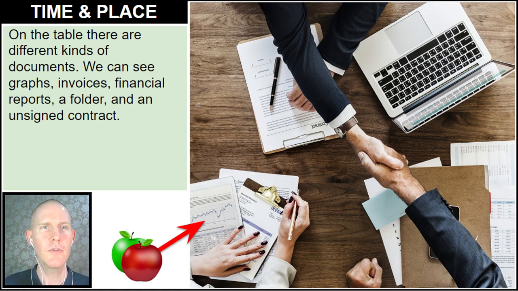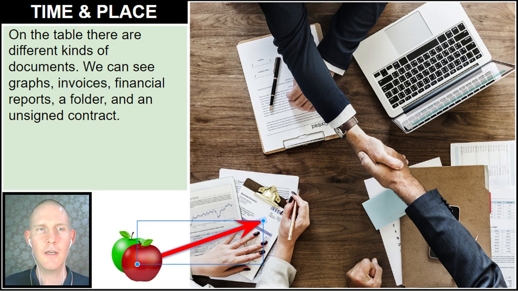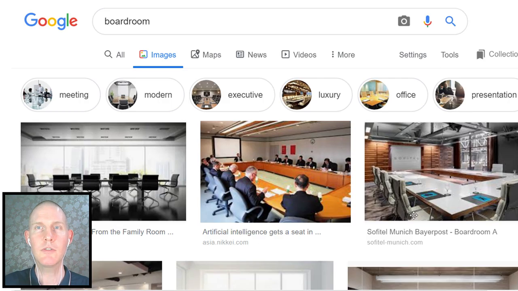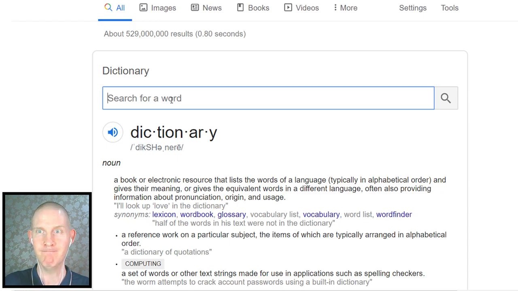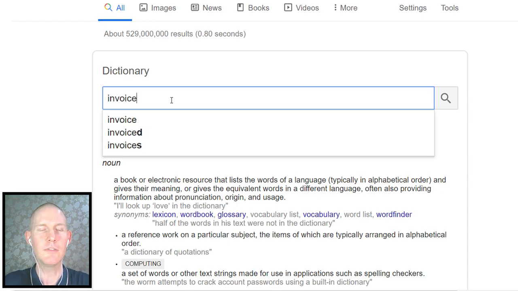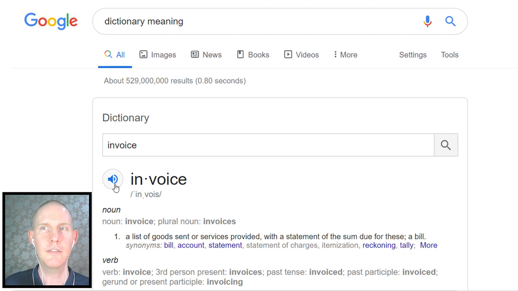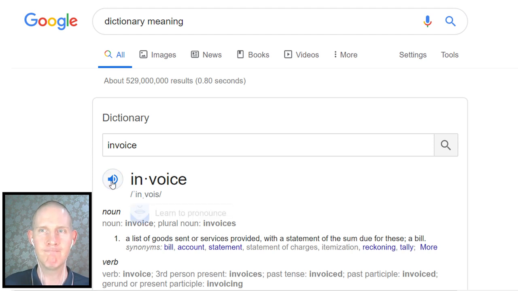Great. So the invoices, if we look here, the lady has a document right here. And if we look very close, it says invoice. Invoice might be a good word to look up to make sure that we understand what it means. So since we have a dictionary, let's use it. Invoice. All right. See if you can hear it. Invoice.